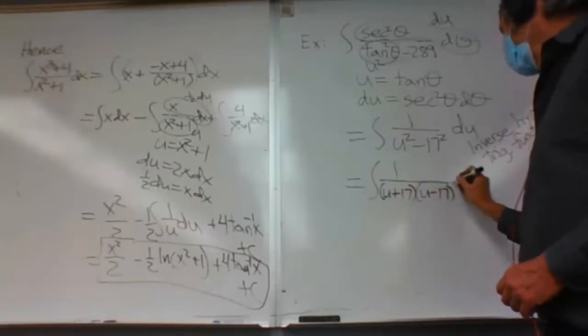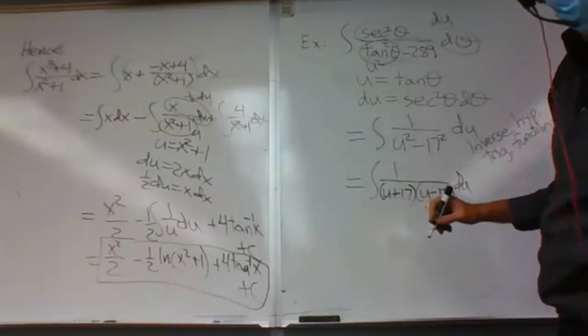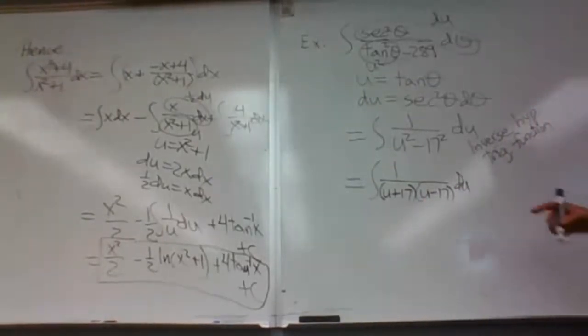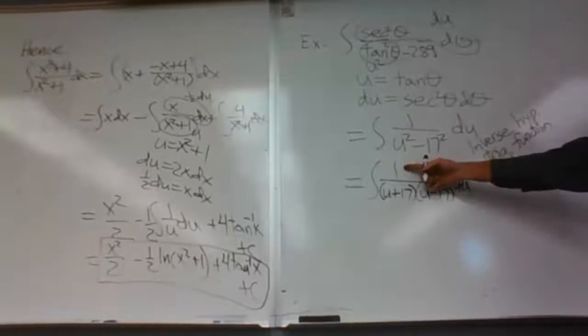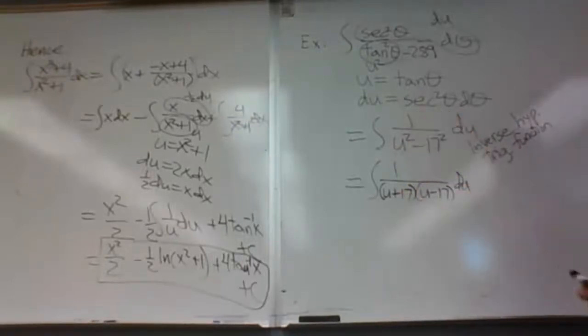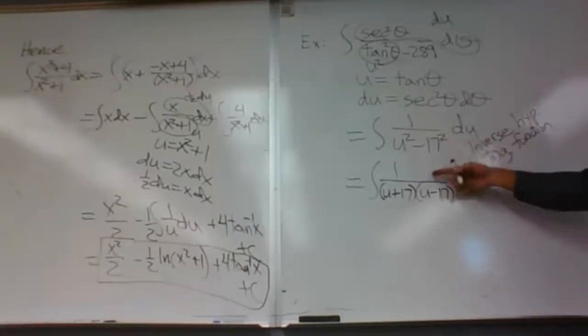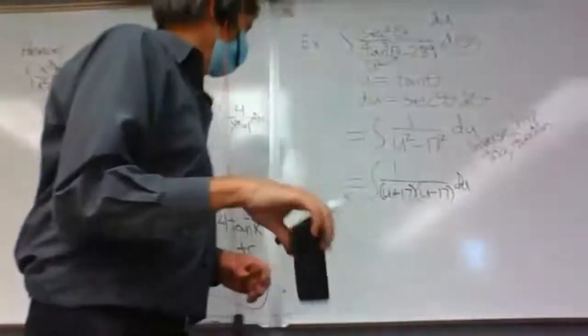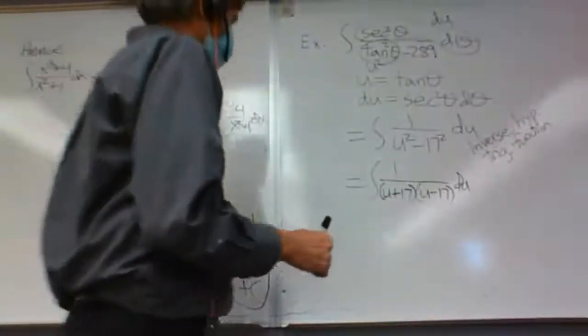And we can think of this one as the integral of 1 over u plus 17 times u minus 17, du, right? And now I recognize it's a polynomial of degree 0 over a polynomial of degree 2, right? So I can apply partial fractions to this.